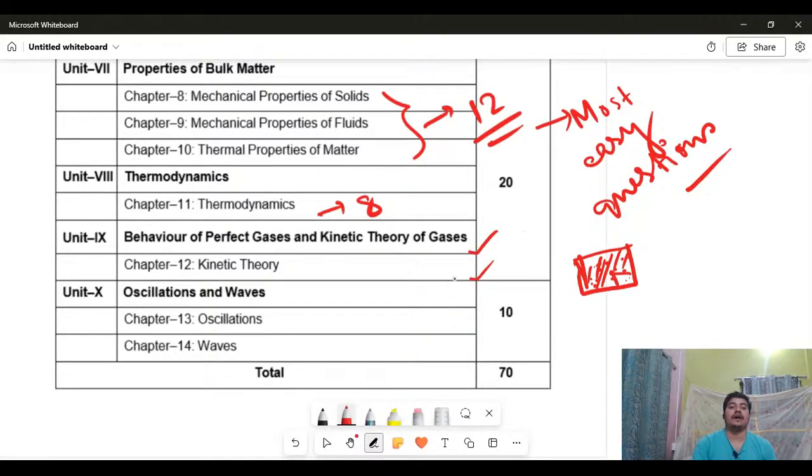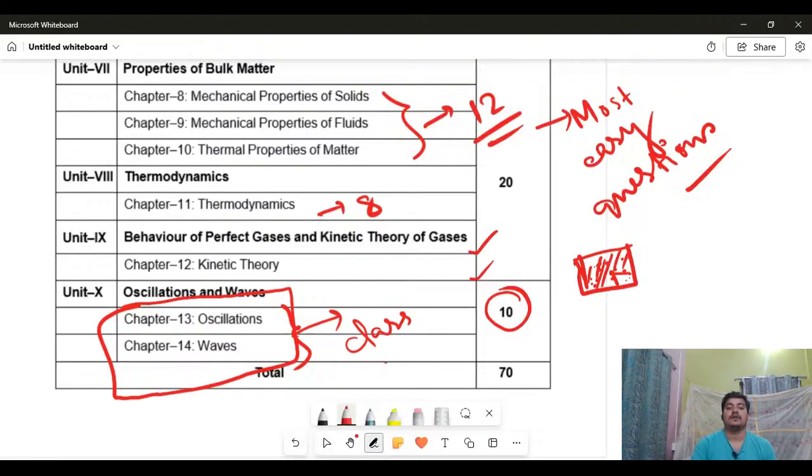And after that we have oscillations and waves, of 10 marks. I must tell you, only this section from grade 11 will be useful for class 12. If you do not learn this portion in class 11, I'm giving star marks, you will have to face too much problem in 12.